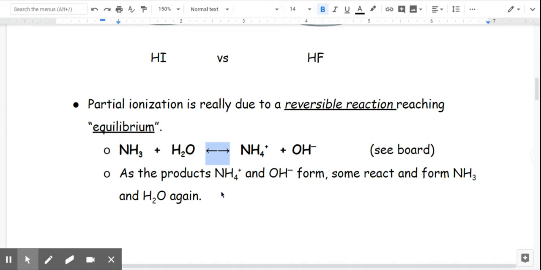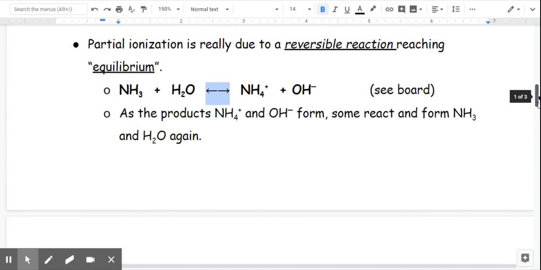Same thing is true when we're at equilibrium with this reaction. The rate that the ions form molecules is going to balance out the rate that the molecules form ions. That's not necessarily halfway. We'll talk about that next unit. It's not like you're going to have equal amounts of each. It's some point, and you're going to have a nice steady concentration of everything.